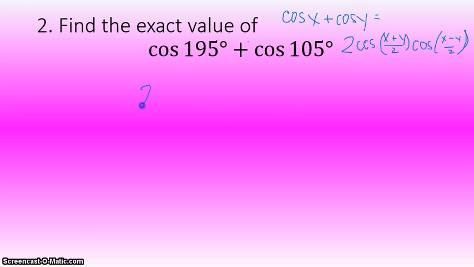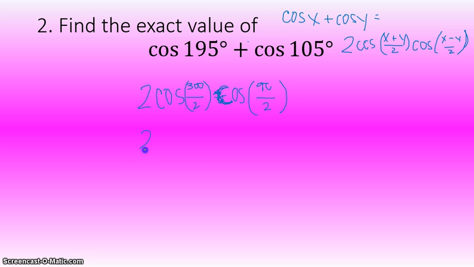So this is going to be 2 times cosine, and I'm supposed to add these two. So 195 plus 105 would be 300 over 2. Times cosine, and then I'm going to subtract those two, which would be 90 over 2.